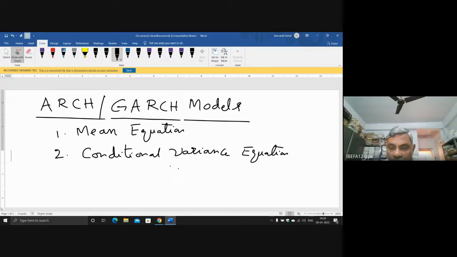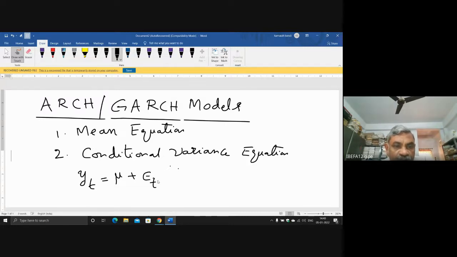Now, the mean equation is specified, in its simplest form, as follows. If y_t is the process, this is specified as mu, which is nothing but the conditional mean of y, plus an innovation in y_t represented by epsilon_t.